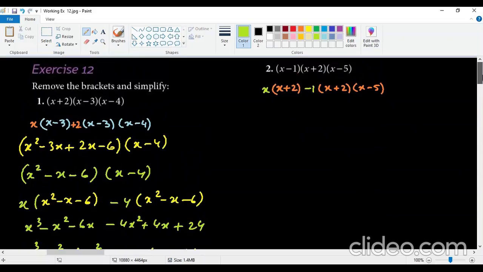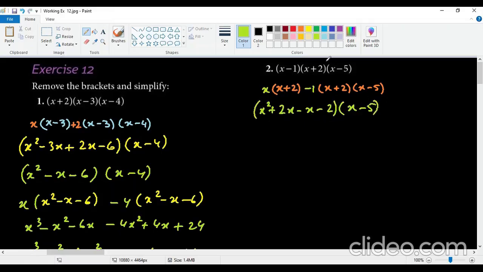Taking you to the next question. In here, x is multiplied by x plus 2 first, and then minus 1 is going to be multiplied by x plus 2 once again. So first one is going to give you x square plus 2x minus x, and minus plus is a minus. 2 is going to be multiplied by x minus 5 like this.